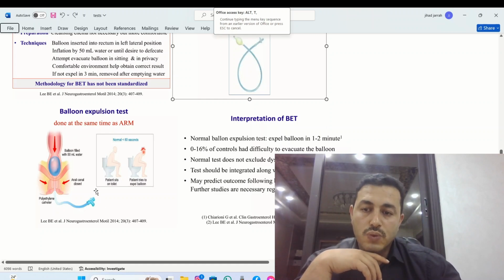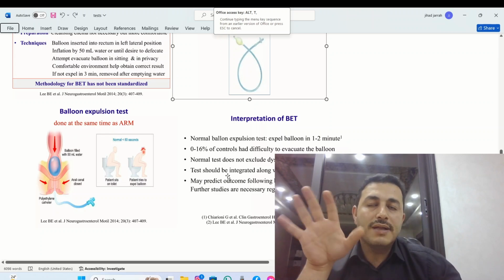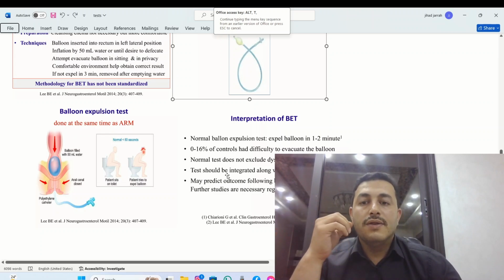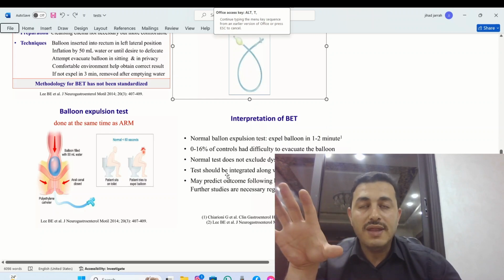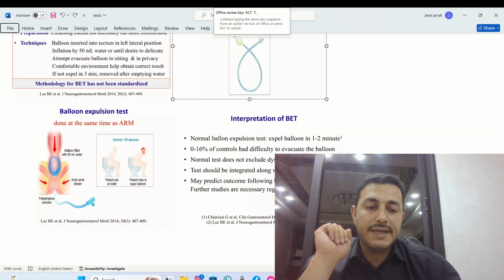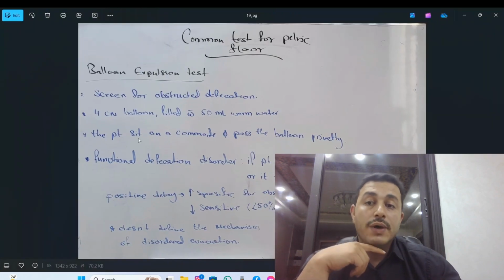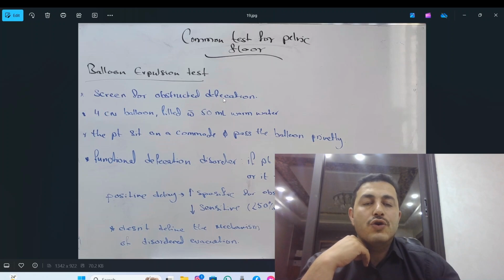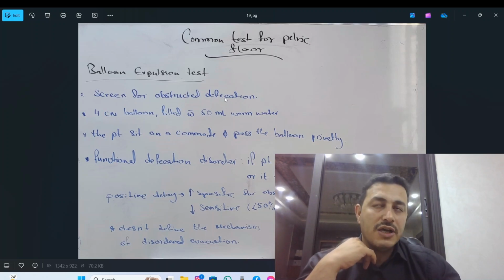We insert it and fill it with 50 cc. The normal time for the patient to evacuate the balloon is about 1 to 2 minutes. It is mainly used to screen for obstructed defecation.